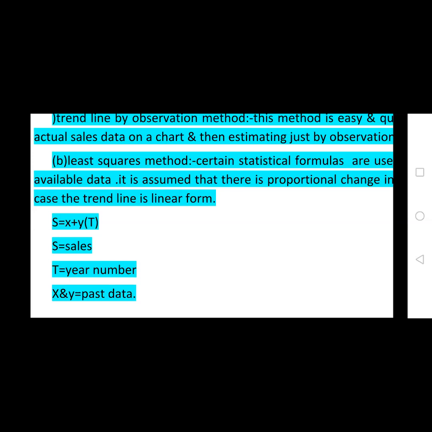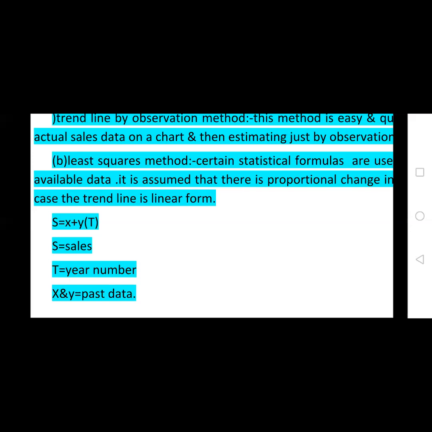So you automatically estimate that next year's demand increases by 5,000. By extending the line in the chart, this is called trend line observation: by observing the past data, we estimate the future demand.